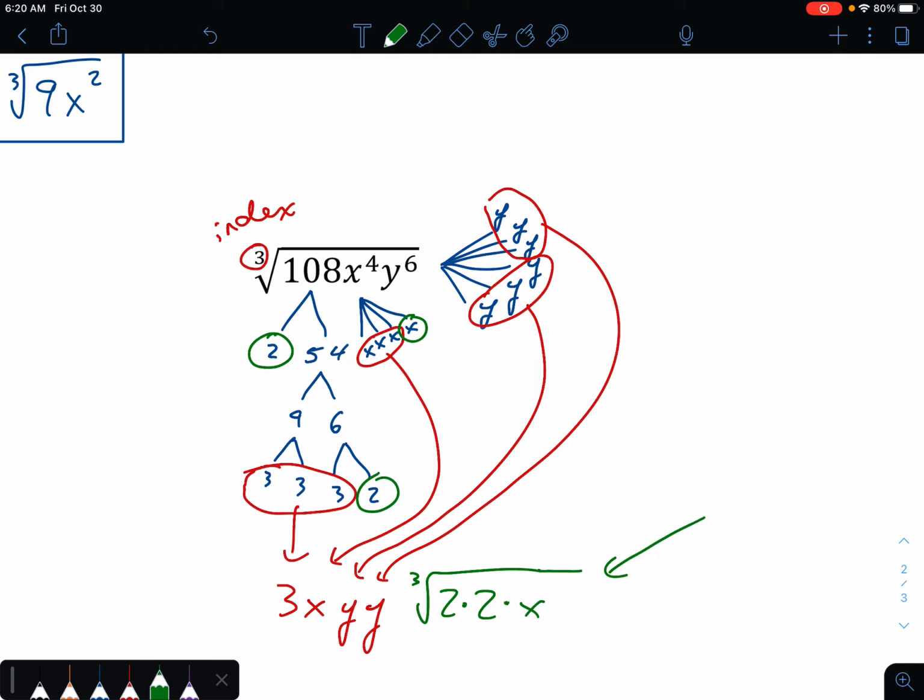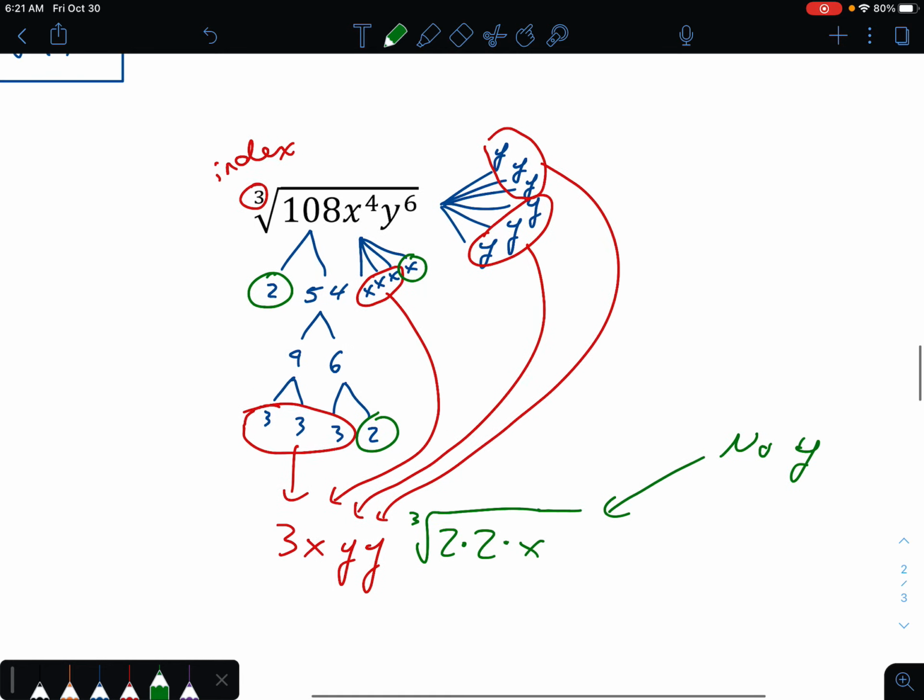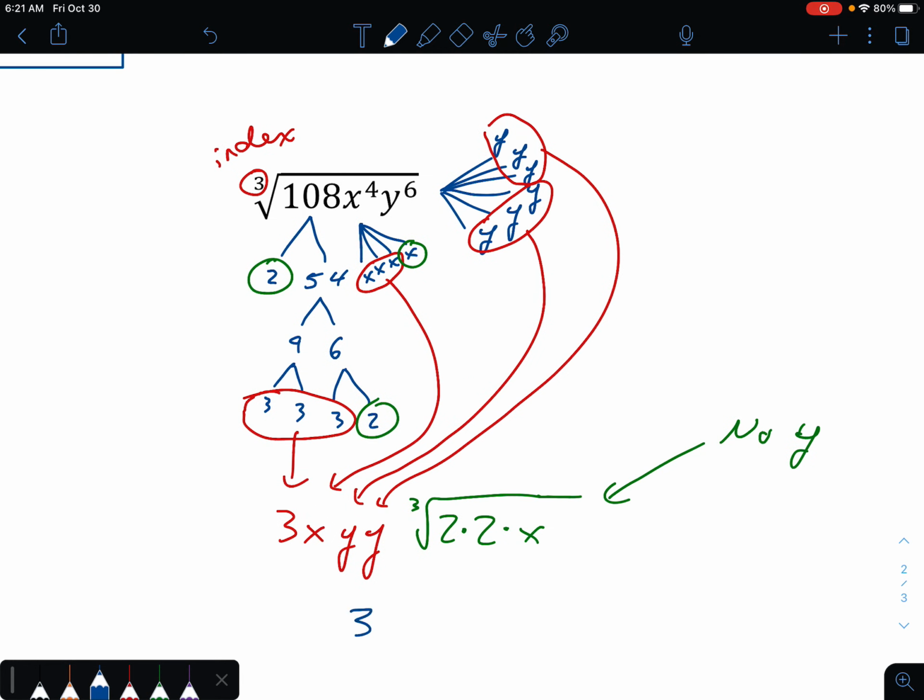Inside, no y, because I took 2 groups of 3 out, so there's nothing on the inside. We write our final answer as 3xy squared, cube root of 4x. And here is my answer right there.